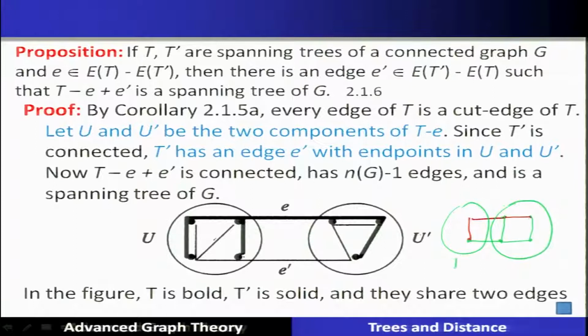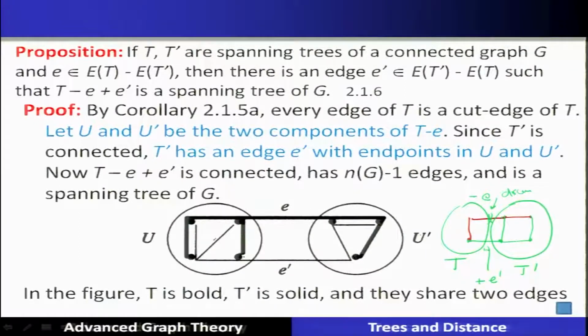Let us assume that this is T and this is T prime. If we remove this particular edge, the red tree will be disconnected here. But if we add another edge E prime, from the other tree, then the entire graph can be connected again. These two components will be connected.